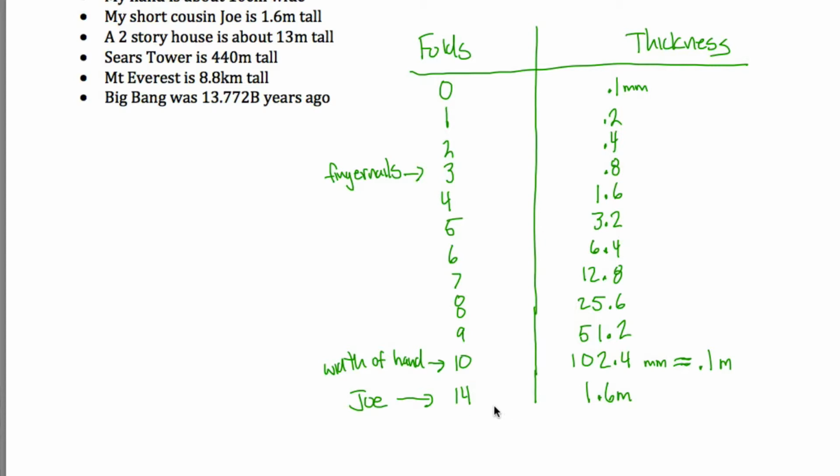A two-story house is 13 meters tall. It turns out that that'll happen after 17 folds. After 17 folds, I'd be up to 12.8 meters, which is approximately a two-story house. So already this is getting kind of amazing, that after only 17 folds, our paper thickness is as tall as a two-story house.